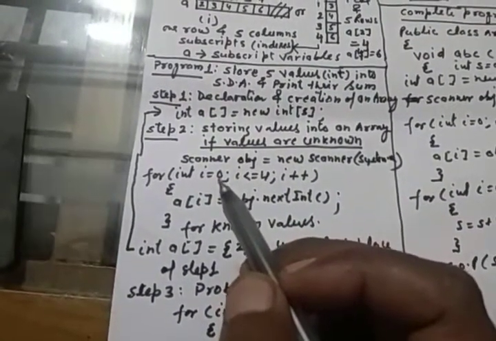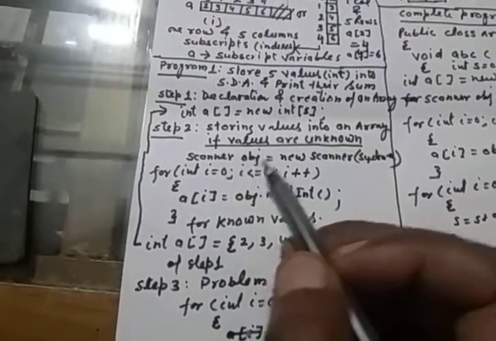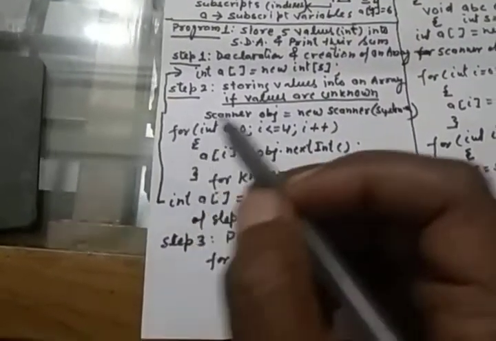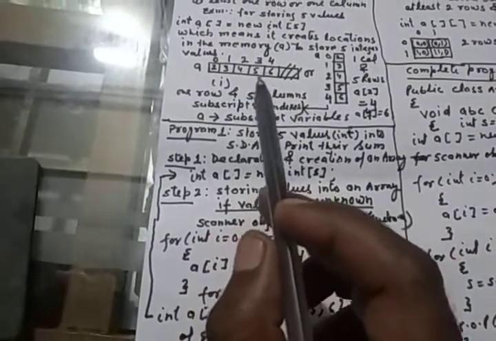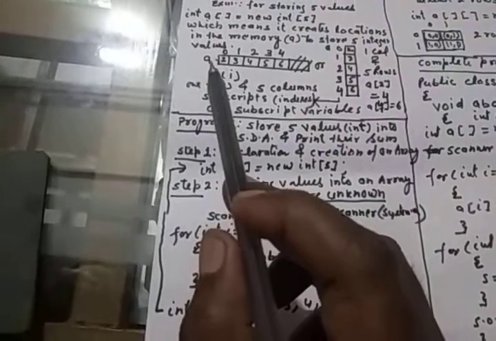It is telling about the 0 index, first index, second index, third index and fourth index. So when this loop executes, all the 5 values will be stored in such a way into array A. Got it?